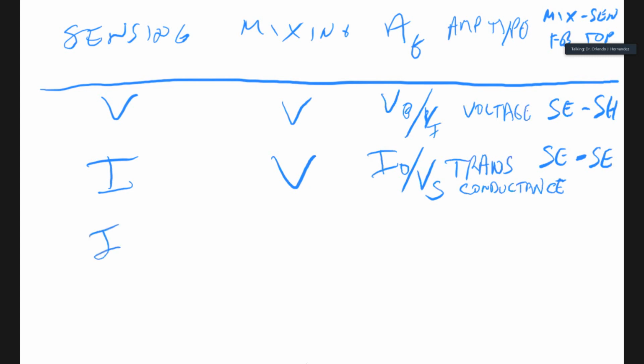Then we can have sensing of current and mixing of current. So that would be a current output. The closed loop gain would be a current output divided by a current input, and that's simply a current amplifier.